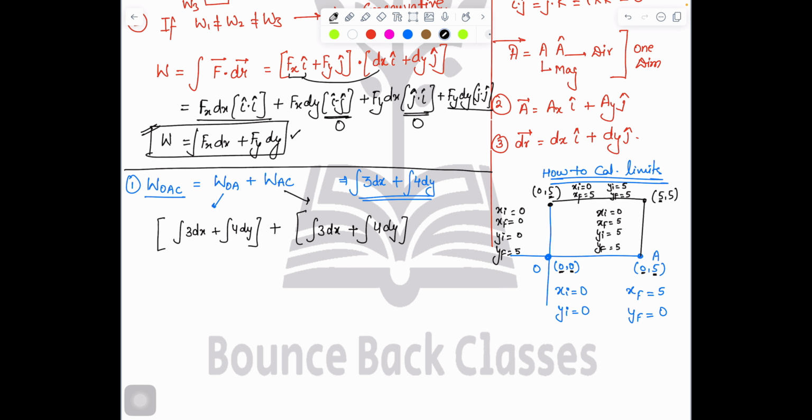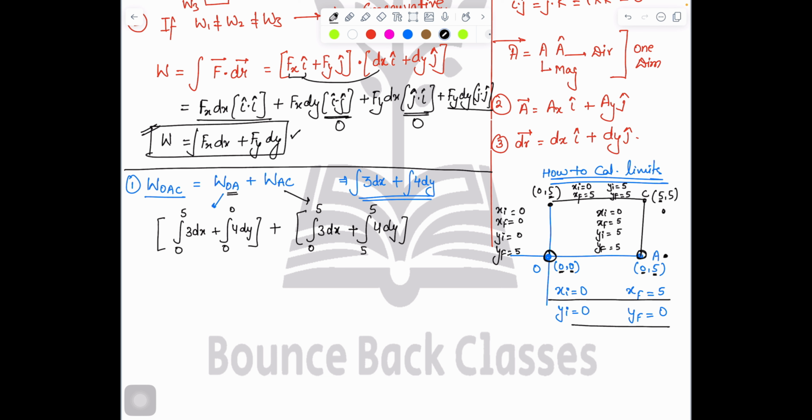The question is, what are the limits? O to A. Now we are solving x. So the limits are 0 to 5. Clear? Okay, now solve the y. Limits are 0 and 0. Clear? Okay, AC. This is your position C. So for A to C, for x the limits are 5 and 5.